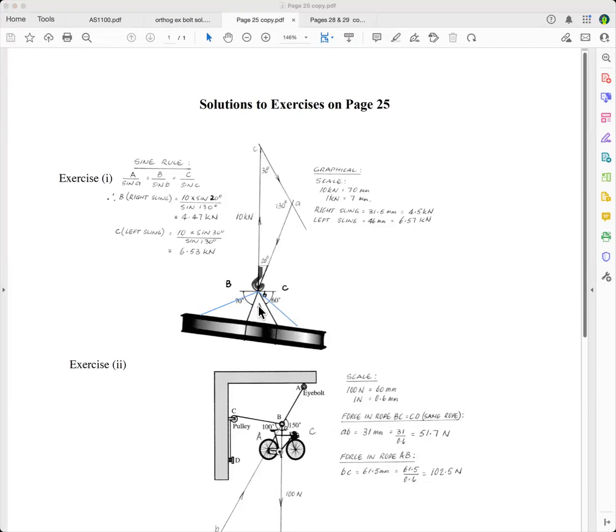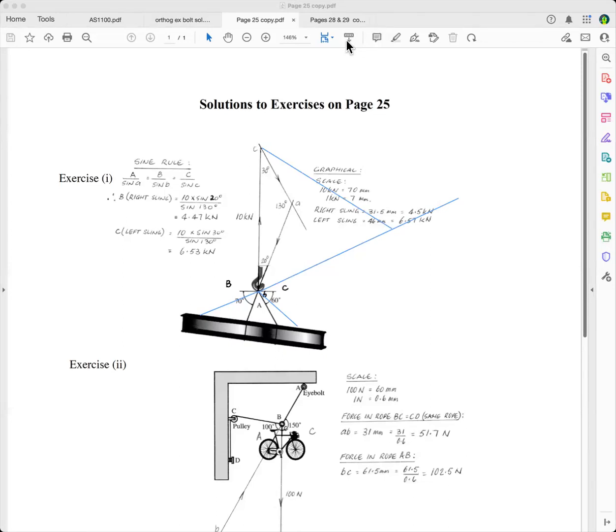So this angle here is much greater than 60 degrees. Now, using the force diagram, you would have this one going out there, and you would have this one going parallel to it.